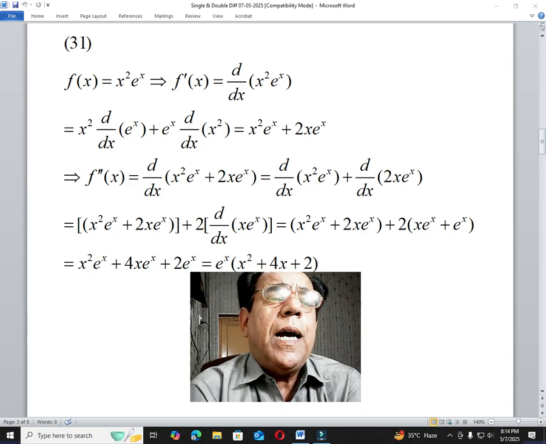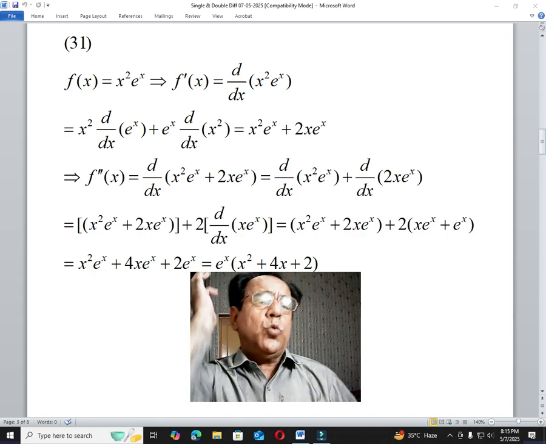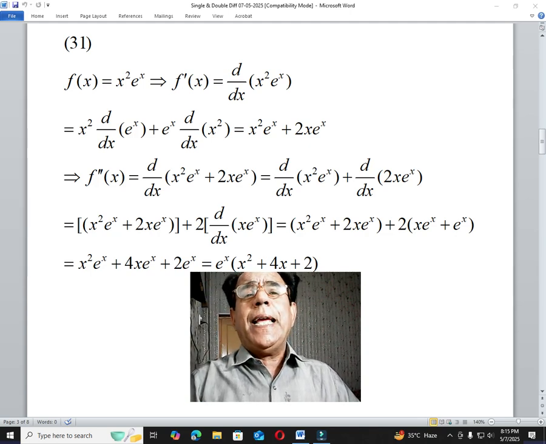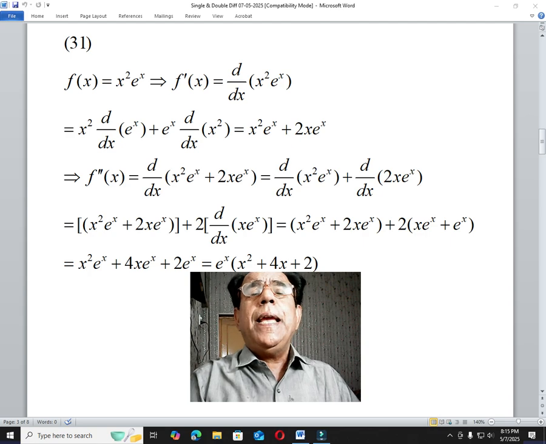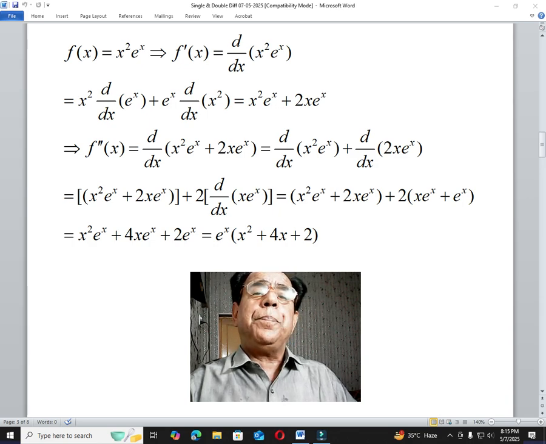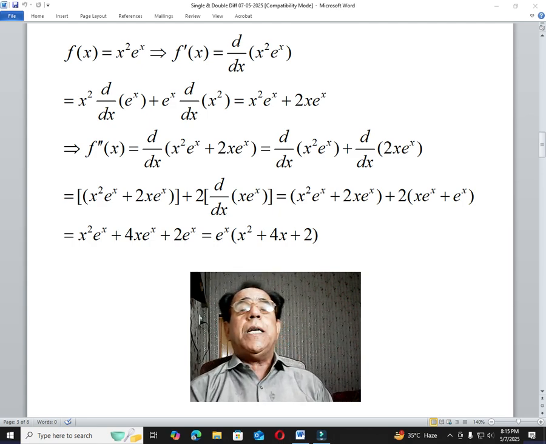After this distribution, two separate problems have come into existence: d over dx of x square e raised to power x and d over dx of 2x e raised to power x. Yes students, both these are products. In order to differentiate both these parts, we will have to apply the product rule.